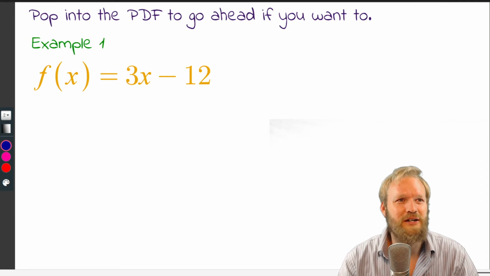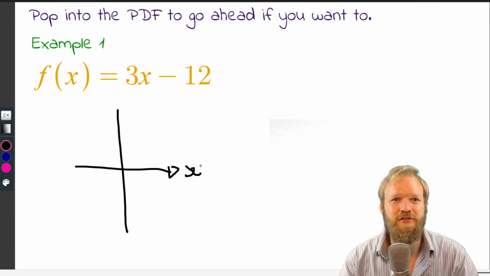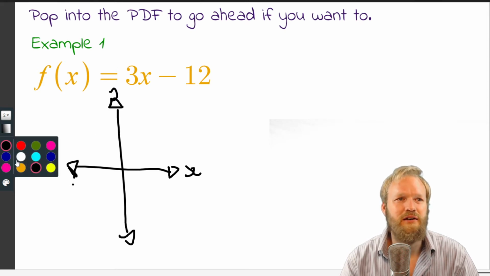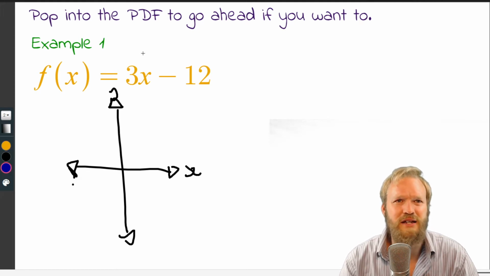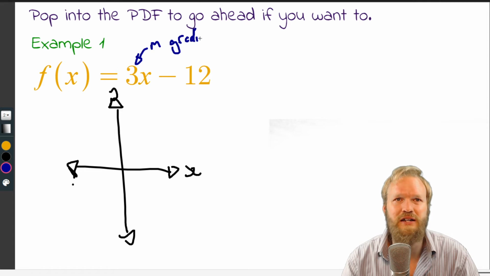So you merely went, okay, well, let's draw ourselves a nice set of axes, x, y, and say, how do we draw this function? Well, we remember there were these things like this bit here was m, which represented our gradient.